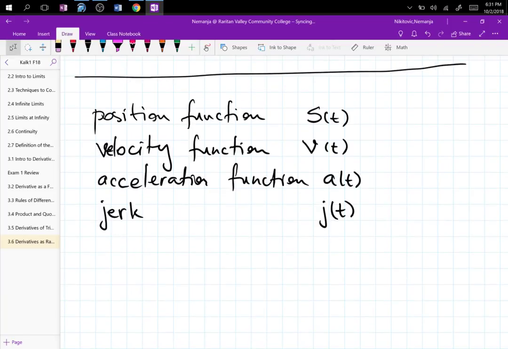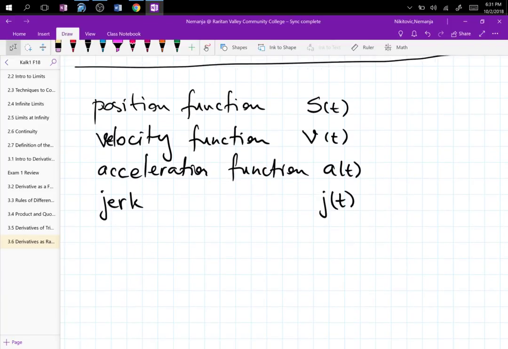So now you are going to start with a position function of some kind, and then you will keep taking derivatives with respect to time to come up with the next layer of function. Now, let's think about this.